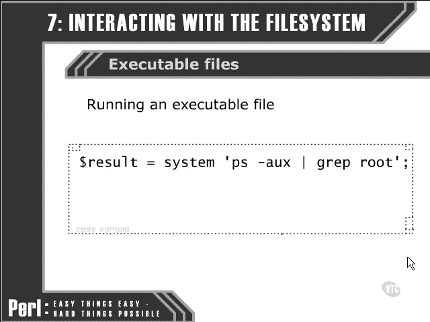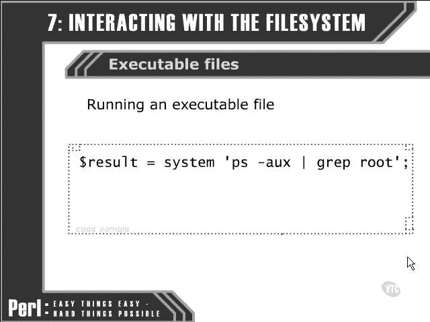Here is an example of Perl asking the operating system to run a certain program. In this case, it's the ps program, and it's quite a complicated little call. It's actually piping the results through the grep program. We won't be looking at what those do exactly, but effectively all we're doing here is getting a list of processes where the word root is contained.